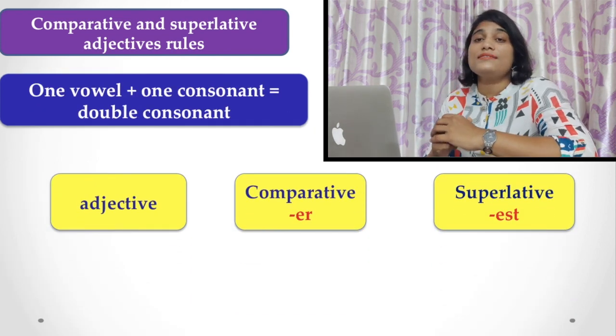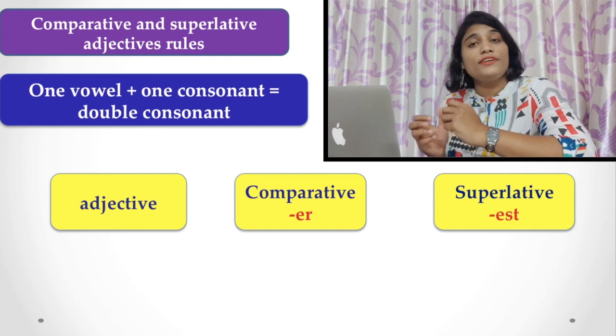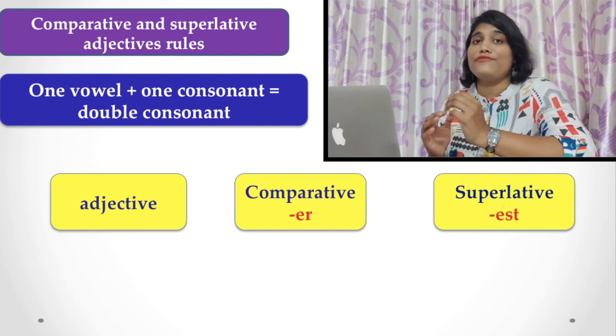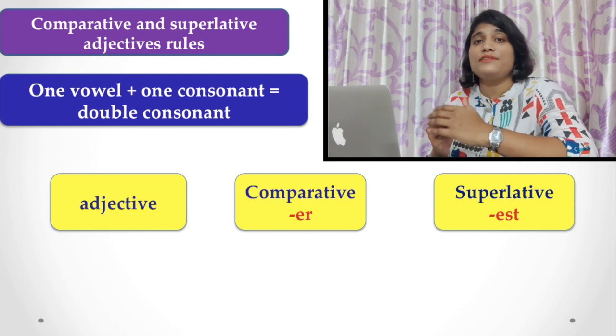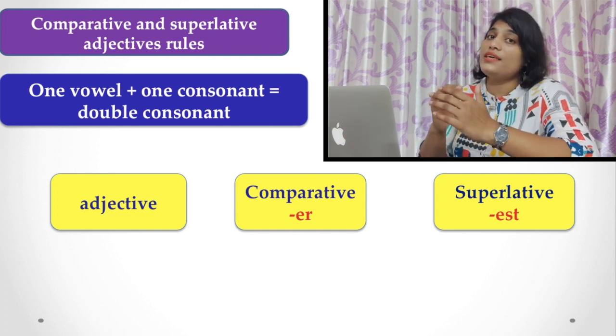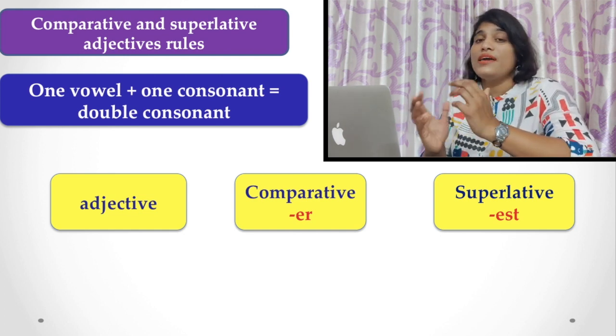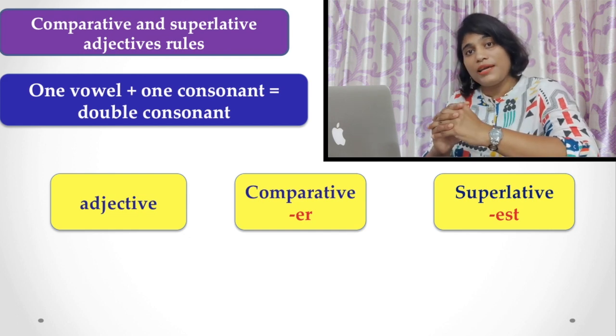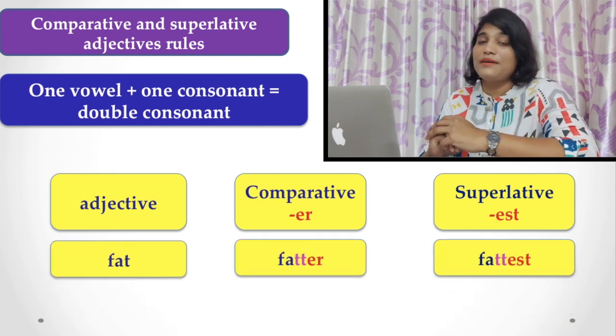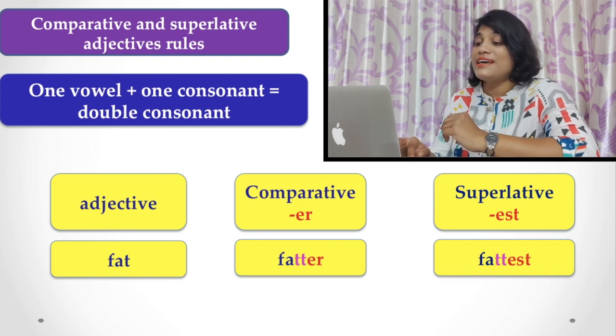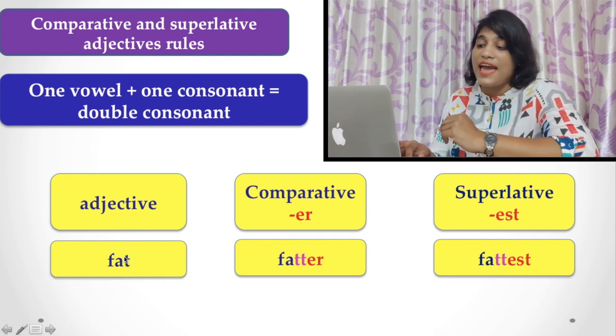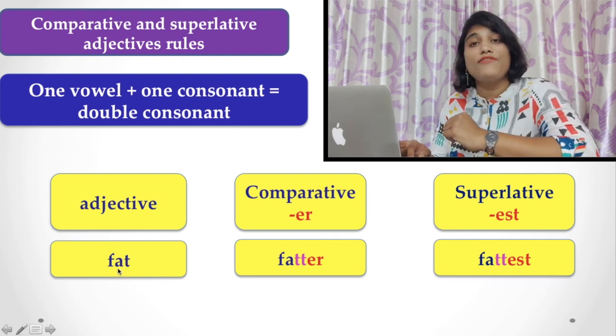Now, if there is a vowel and after that one consonant, you find that the last consonant becomes doubled when changing its form in the superlative and comparative degree. If you see the example, you can understand well. That is "fat". What is there? The final consonant, and before that consonant there is a vowel.